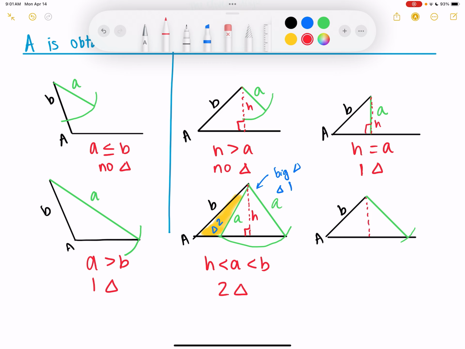So H is here. Now, in this one, I like to just draw the H, but we don't actually need to find H with this one, because all I really care about is A and B. So if A is greater than or equal to B, then I have one triangle.